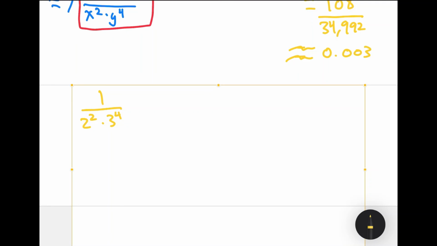So it's going to be 1 over 2 squared times 3 to the fourth.